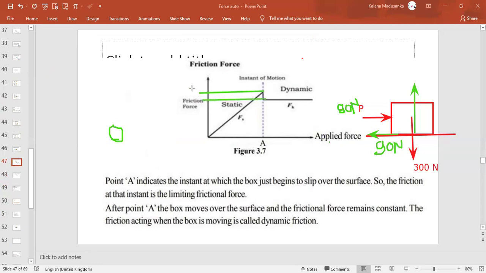That's what happened. So 90 Newton is the maximum limiting, but when it is in motion, less than 90 Newtons is required. Now it becomes 87. I believe you can understand that is the reason behind that, right? The reason is that mu s is larger than mu k.